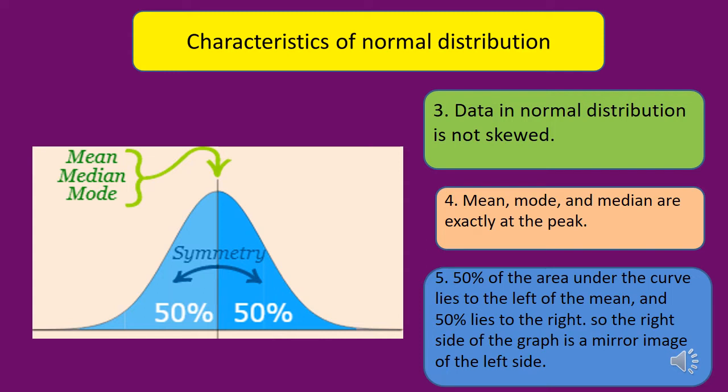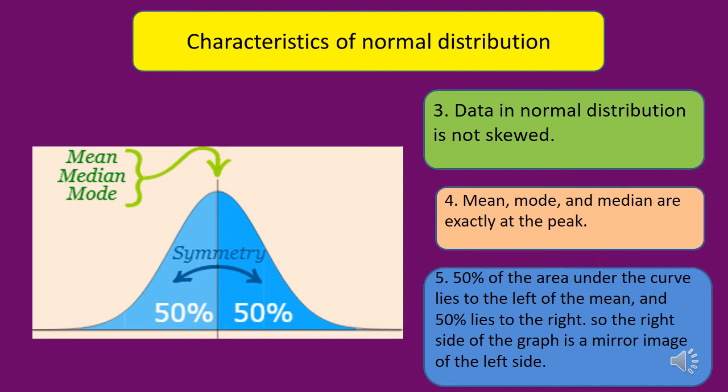Therefore, another characteristic of the normal distribution is that the data is not skewed. The mean, mode and median are exactly at the peak, at the center. And the next one: 50% of the area under the curve lies to the left of the mean and the other 50% lies to the right of the mean.